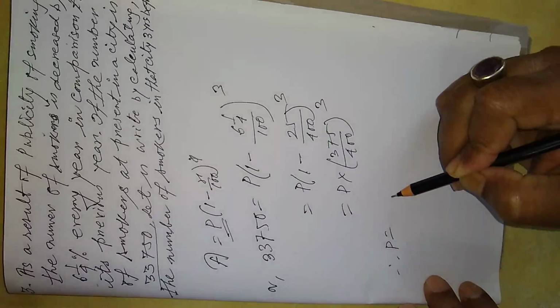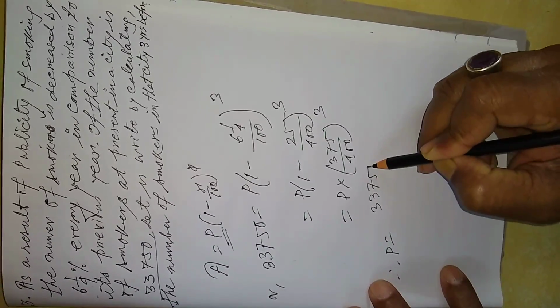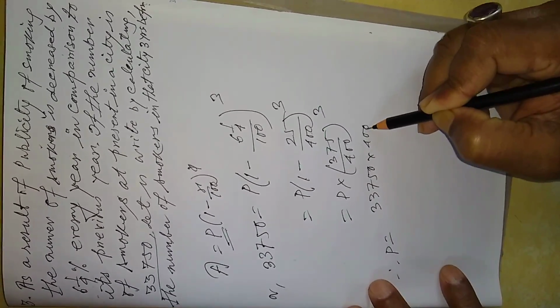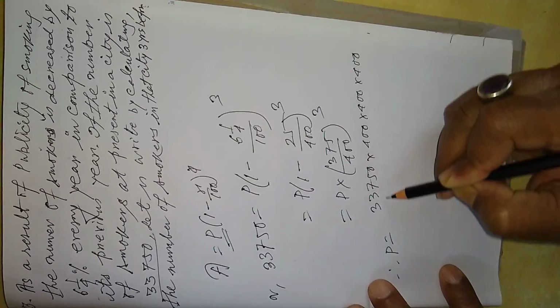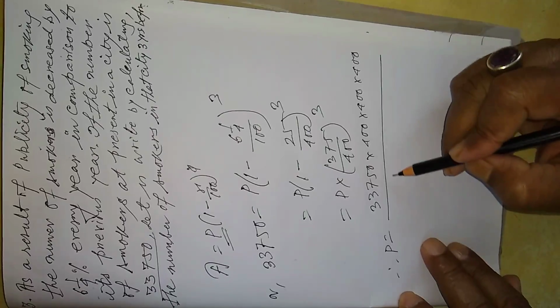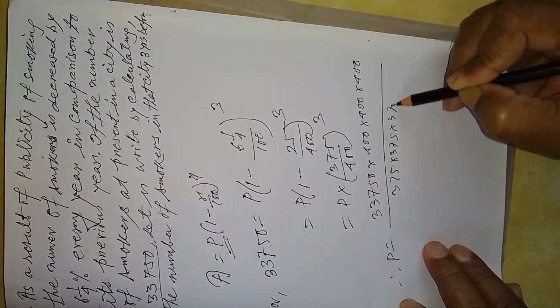Therefore P is equal to 33750 into 400 into 400 into 400 divided by 375 into 375 into 375.